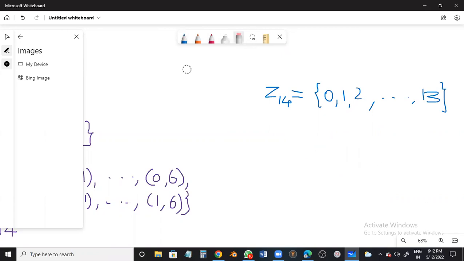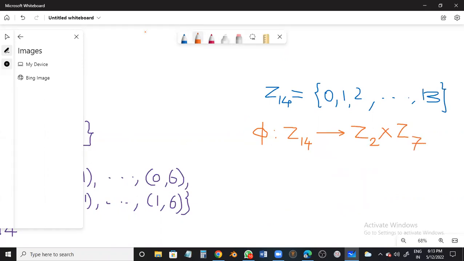And now can you suggest what should be our function? How will you define a function from Z14 to Z2 cross Z7? I want the function to be homomorphism, 1-1 as well as onto.